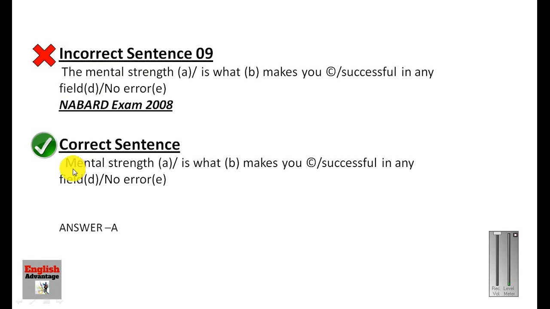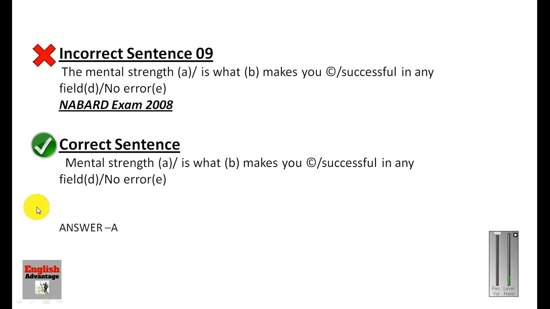Mental strength is what makes you successful in any field, because mental strength is applicable to anybody and everybody. So this "the" will not come. This is a very common error, and this has come in NABARD exam 2008.